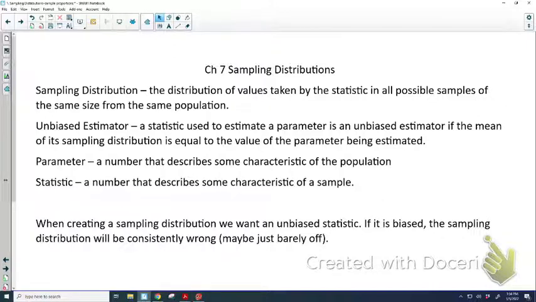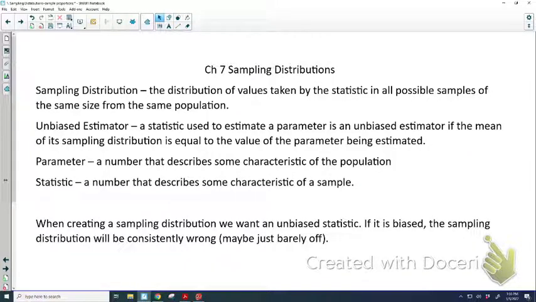So for a parameter, we're talking about things like mu, p, sigma, sigma squared. For a statistic, we're talking about things like x bar, p hat, s squared, and it goes on. We could talk about the population median versus the sample median, all kinds of things. So parameter is off of the population, a statistic is off of a sample.